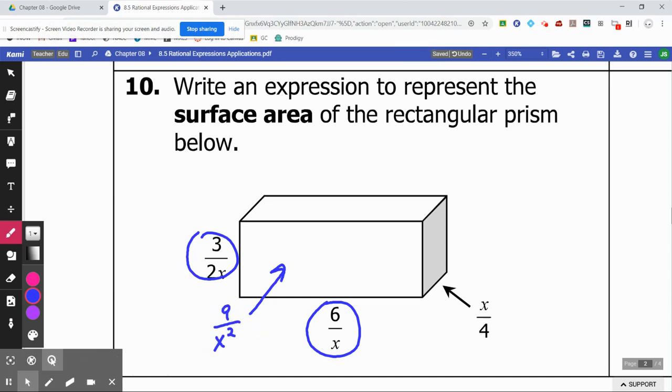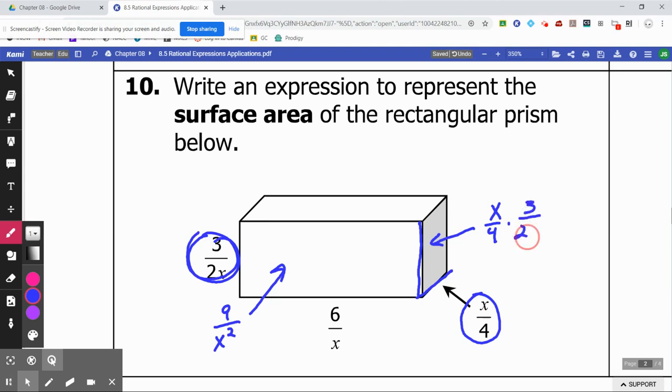Now let's do the right side. The right side has a dimension here of x over 4, and the height is 3 over 2x. So we're going to do x over 4 times 3 over 2x. Here the x's would cancel and gives you an area of 3/8.